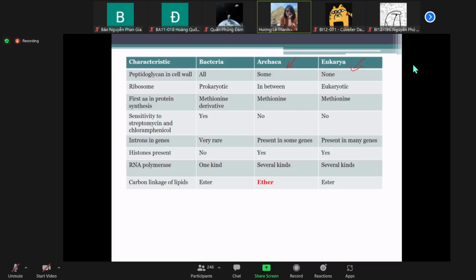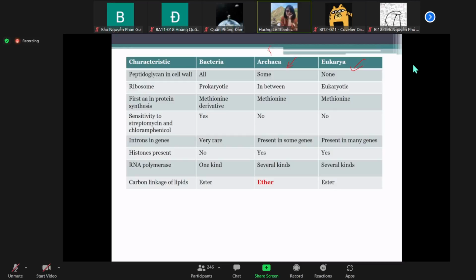Another type of cell wall component of archaea is called pseudopeptidoglycan, and they also have cell walls composed of cellulose like plants. That's why we say they share information between bacteria and eukaryotes.